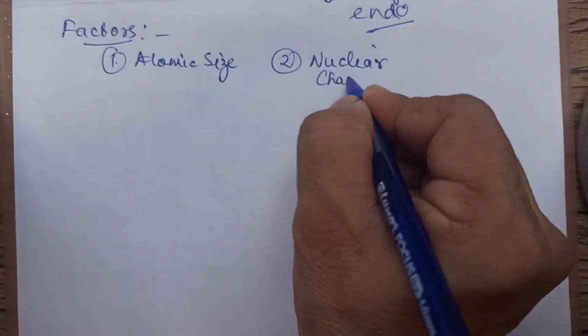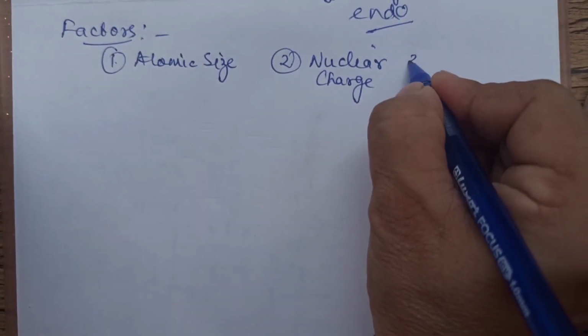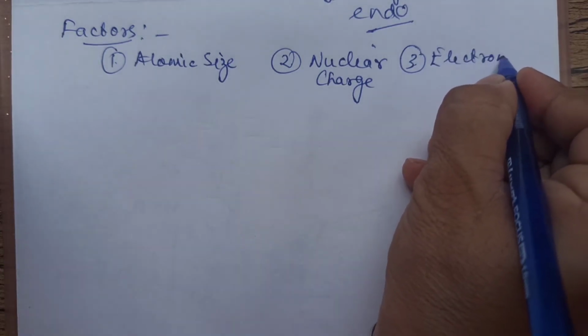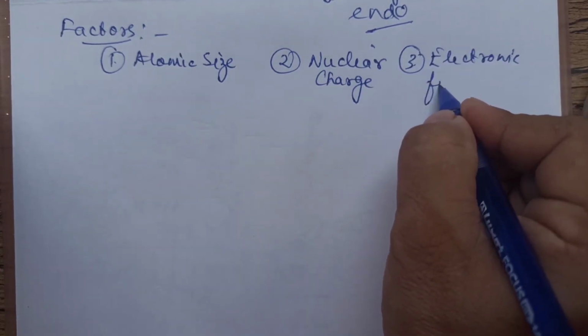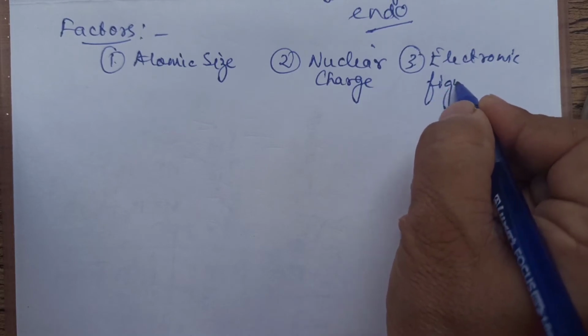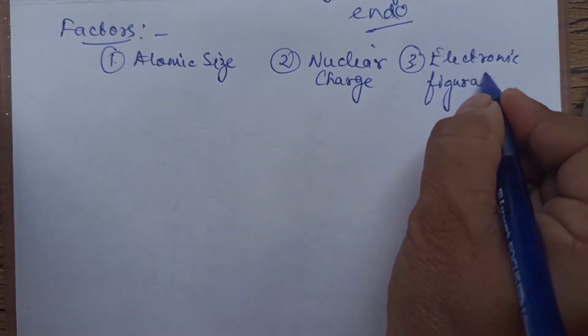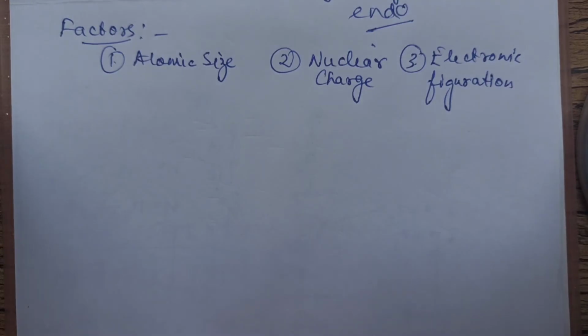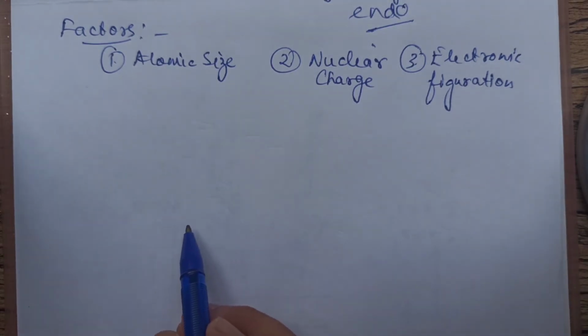We will discuss how the nuclear charge affects it. Third is electronic configuration. This was not there in atomic radius, though to some extent it was, because we compared oxygen and nitrogen. So these are the basic factors affecting the electron gain enthalpy.